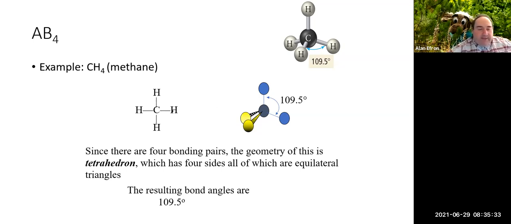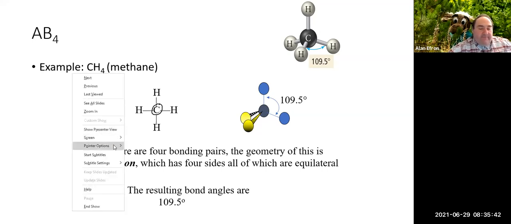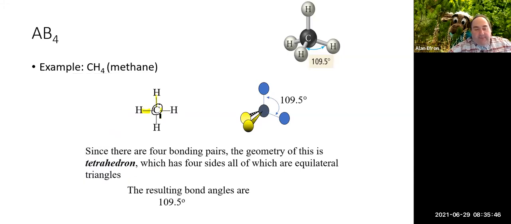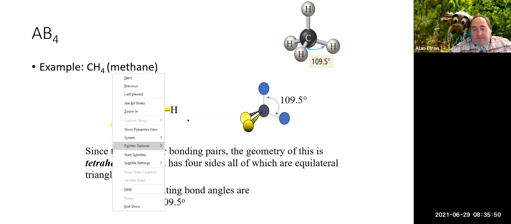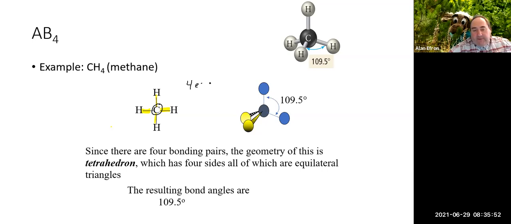Again, we want to make sure we always go to that central atom. And that central atom right here has 4 electron pairs around it. So 1, 2, 3, and 4 electron pairs. And it also has 4 bonds. So this has 4 electron pairs and 4 bonds.